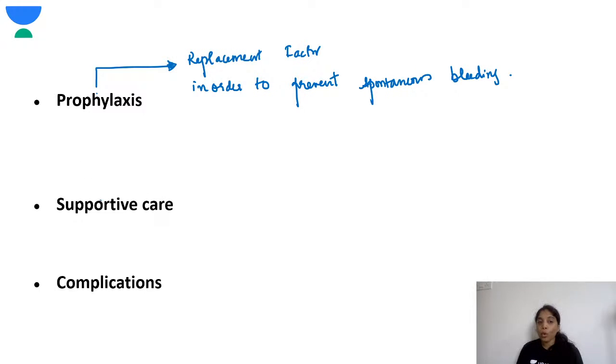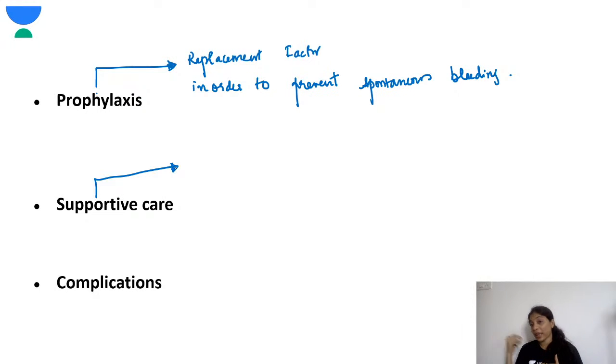What is the supportive care you give? First of all, remember these patients can have trauma-related bruises, right? So when traveling in the car, they have to wear a seat belt. Seat belt is very, very important. Then the parents should be given guidance about how the disease progresses, so that they don't become overcautious.